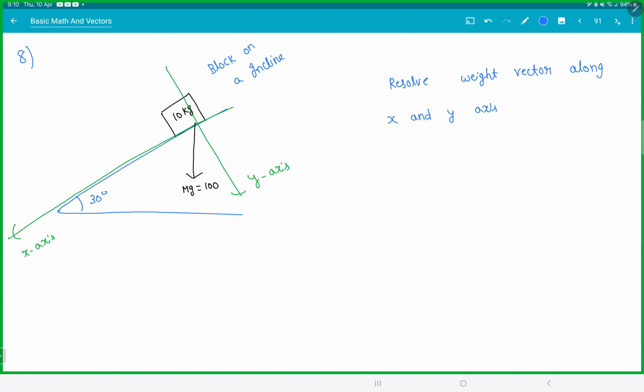Are you getting what I'm asking? 100 newtons of force is acting down, but only a part of it is making you slide down the incline. How much is that? A part of the force is making you push into the incline.